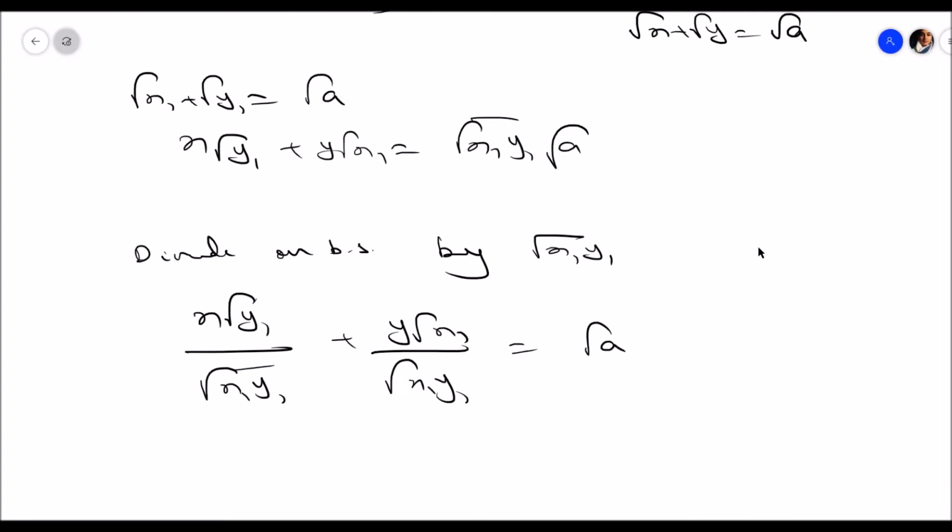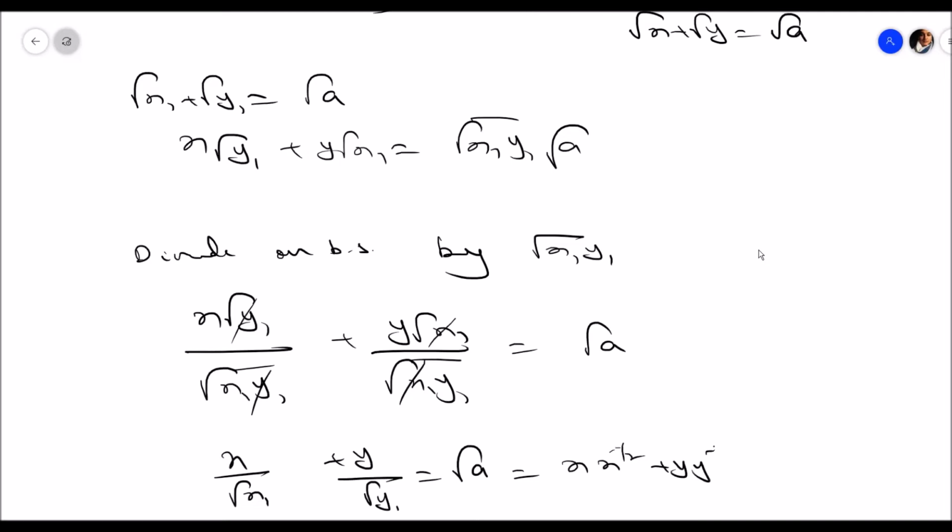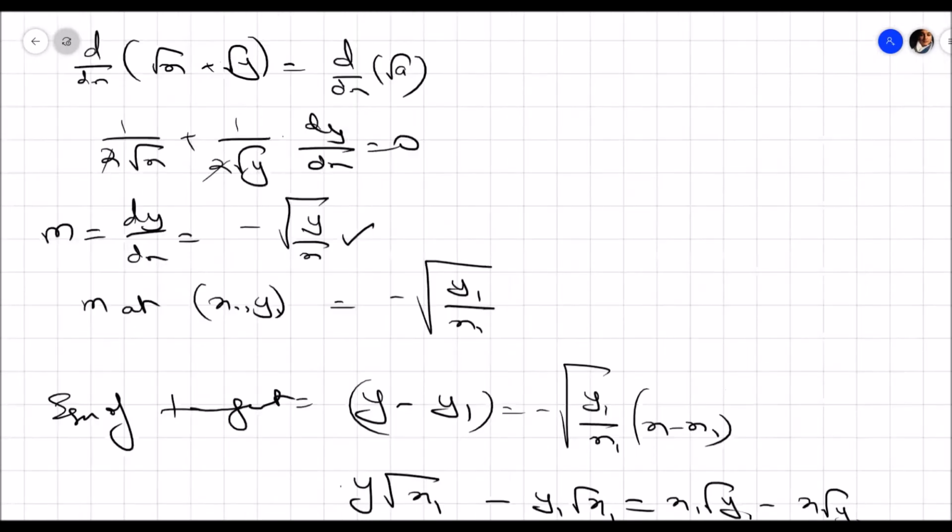Okay, so this gets cancelled. Similarly, this gets cancelled. So x by root x1 plus y by root y1 is equal to root a, which you can write as per the question. That's x power minus 1 by 2 plus y power minus 1 by 2 is equal to a power 1 by 2, which is what the question asks to prove.